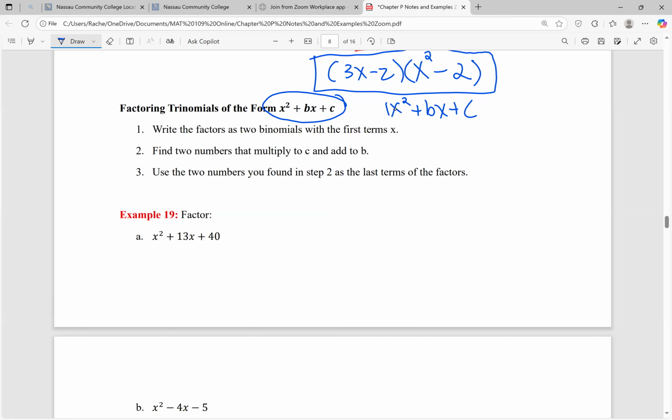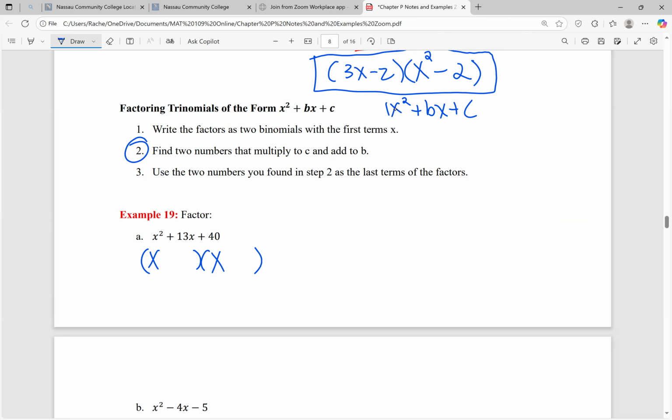So whenever I have a trinomial in this form, we can factor it as follows. So we can write the factors as 2 binomials with the first term x, because the only way when I redistribute that I'm going to get an x squared is by multiplying x times x. So I know I'm going to have 2 binomials with the first term x.